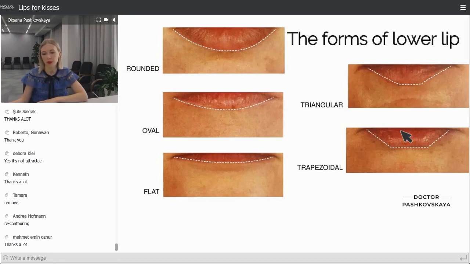And trapezoidal the same, two fans, and also we could put boluses. Don't forget about boluses, because it relates to the proportions. If we put boluses in the lateral tubercles of the upper and lower lips, we also keep the proportions. We never spoil lips.